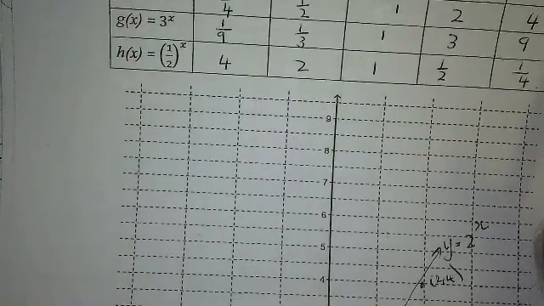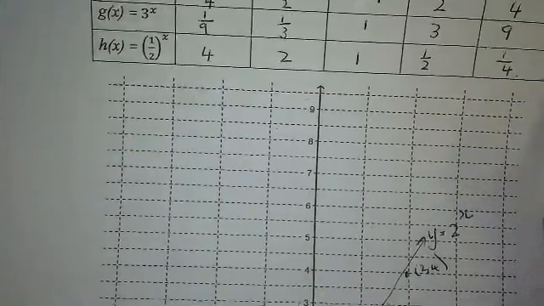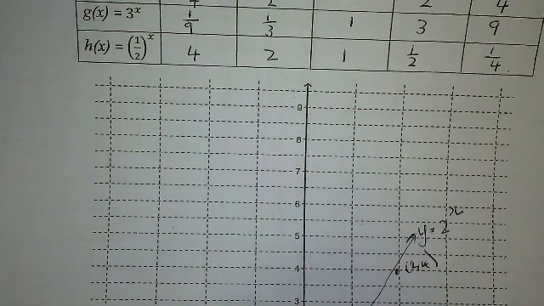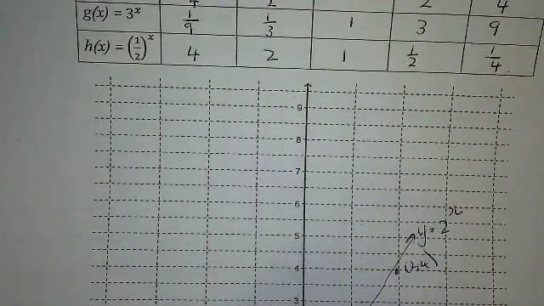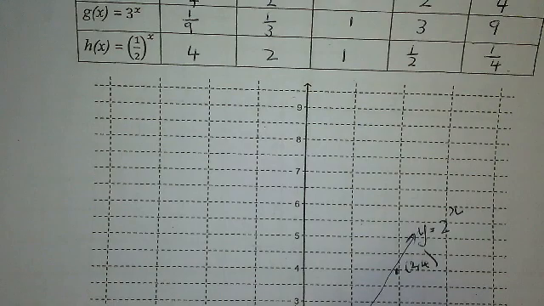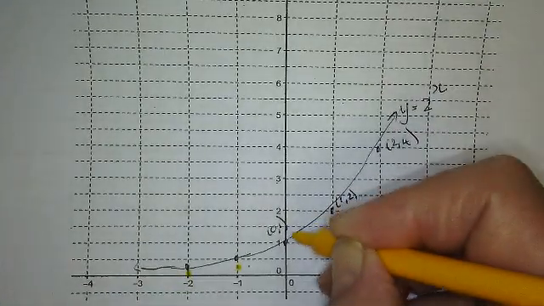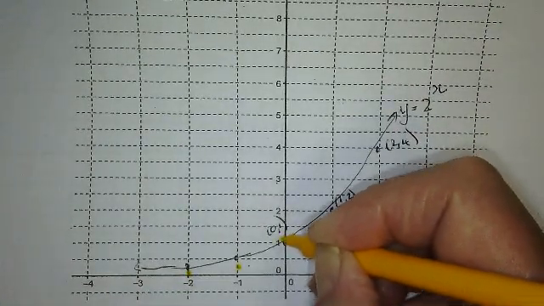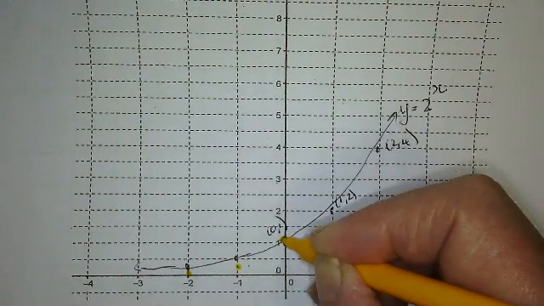So let's have a look at that one then. So it's 3 to the x. So now negative 2 will result in a ninth. Negative 1 is then a third. 0 will still be 1.